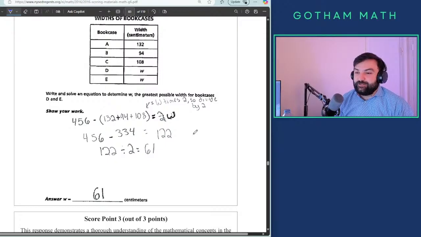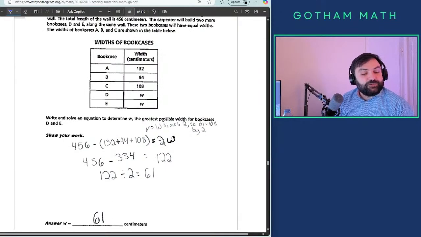Also fancy. Hold on one second. But did you write the equation? You didn't write the equation. Oh, you have to do equation. Look, they say write and solve an equation. So it would be W equals. I would write it like this.